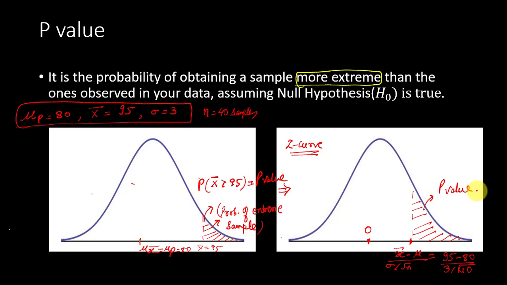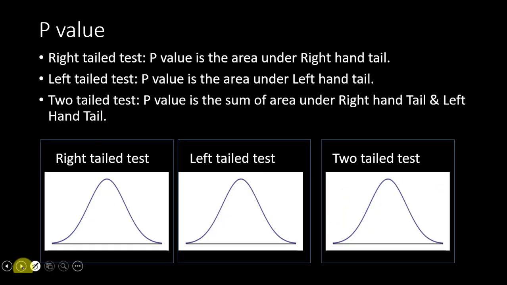Okay, so we have seen a very rudimentary example of the p-value. Now let us see what the p-value will be under three types of test, that is left tail test, right tail test and two tail test. In case of right tail test, p-value is the area under the right hand tail.